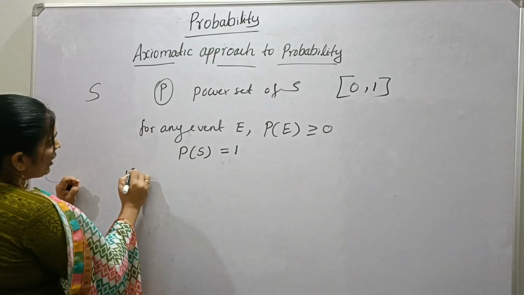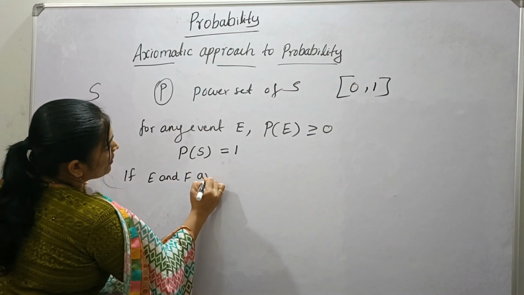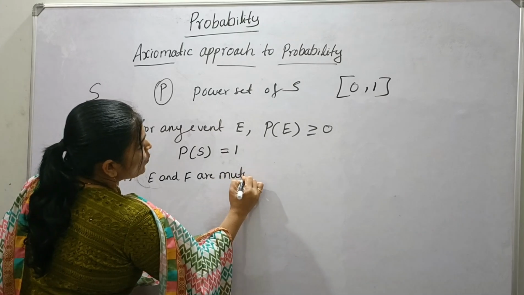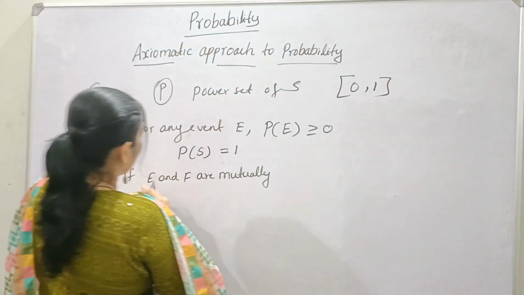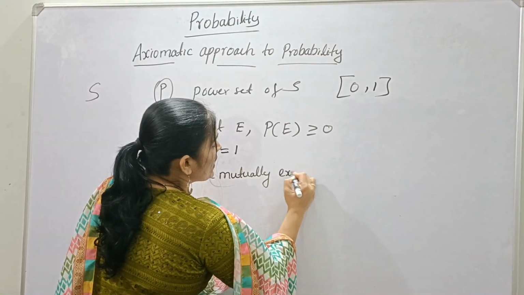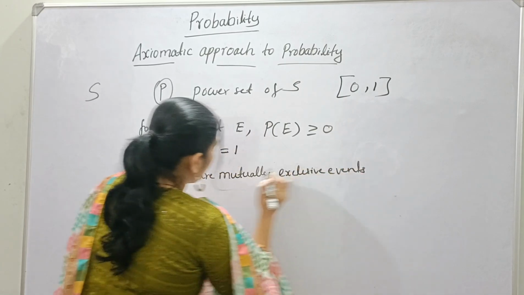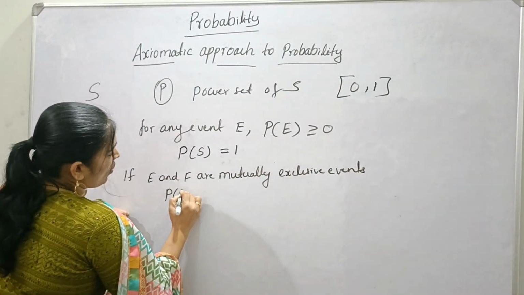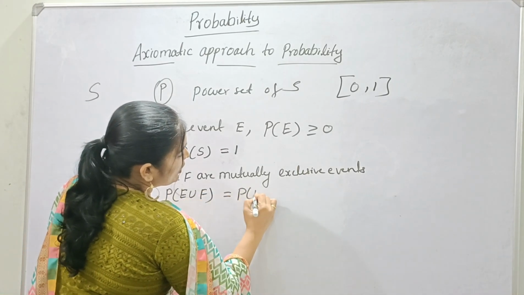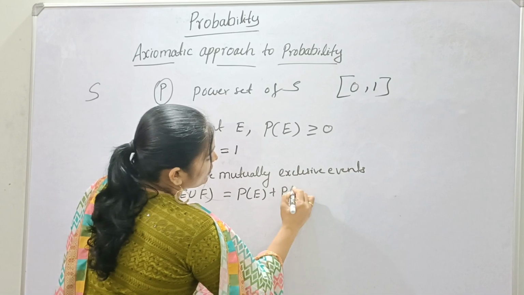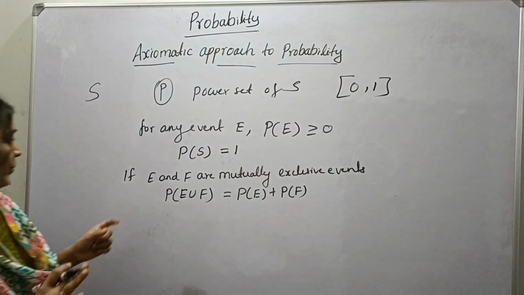Next, if E and F are mutually exclusive events, these rules are very important. If E and F are mutually exclusive events, then probability of E union F is equal to probability of E plus probability of F. Remember, these are very important.